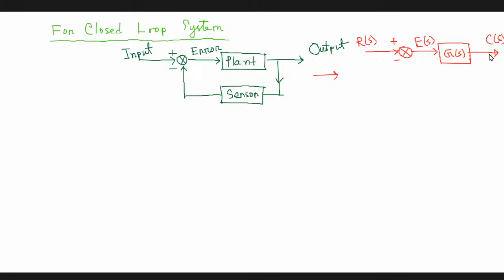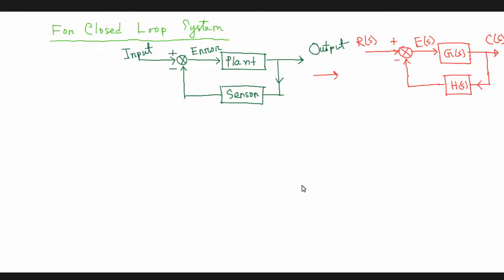You already saw that. And then we have feedback, and in feedback we have H(s) for feedback. Okay, that is our closed-loop system represented by variables.